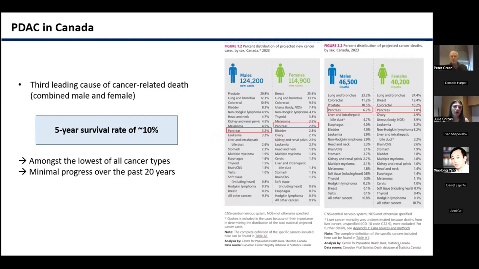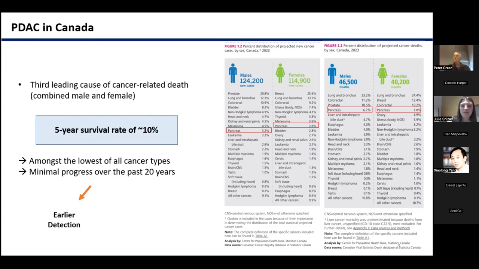Sometimes it's lower. It's different in a lot of literature, but it is amongst the lowest of all cancer types. And unfortunately, there has been minimal progress over the past 20 years in terms of trying to increase this 5-year survival rate. So this points to a need for earlier detection methods for this aggressive type of cancer, which I'm sure Sarah will talk about later on this year.